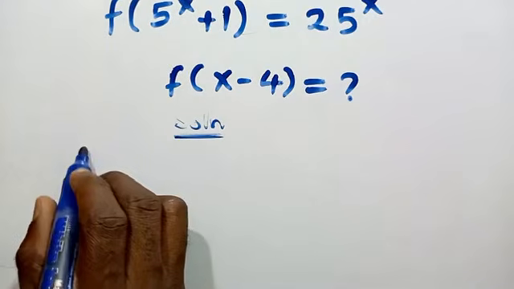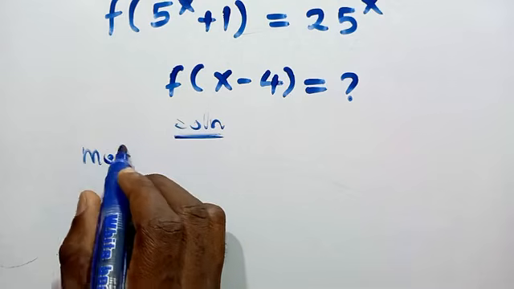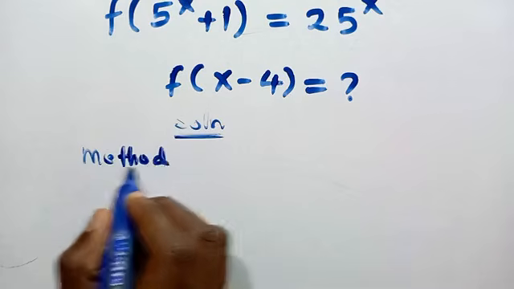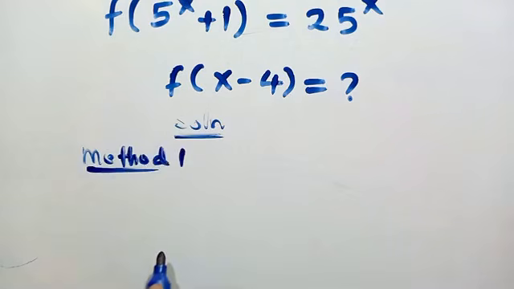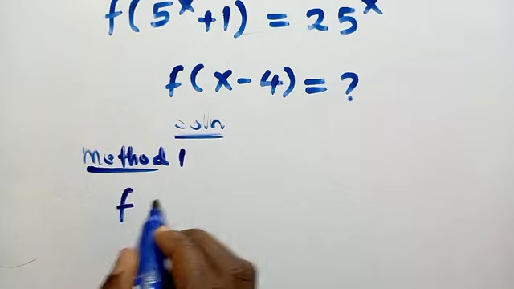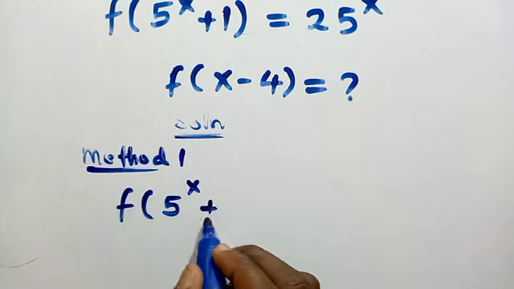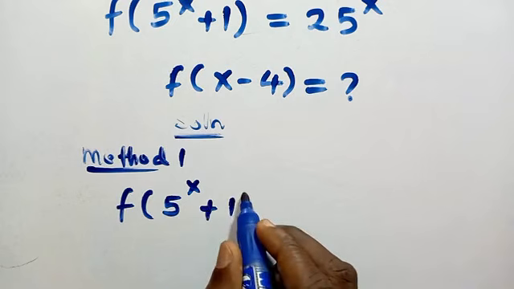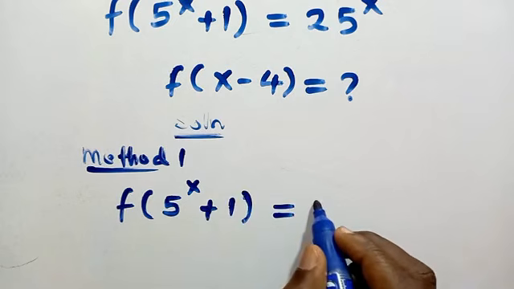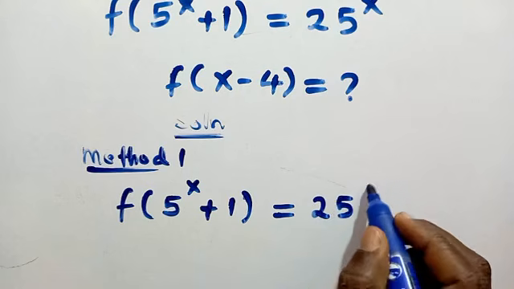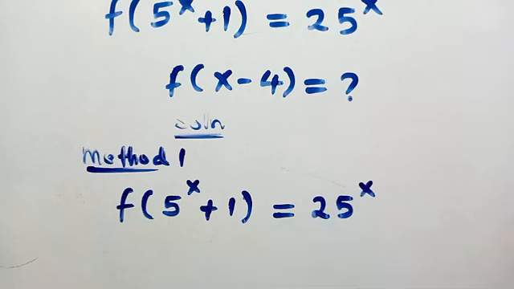For the first method, call this method 1. The question says f of 5 power of x plus 1 equals 25 power of x.